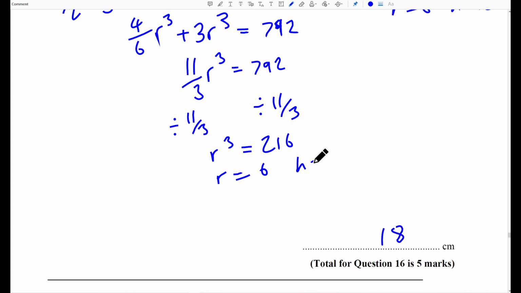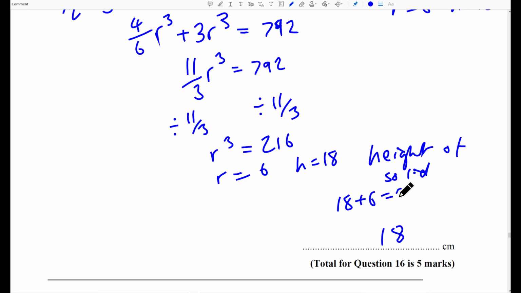So the height of the whole solid is going to be 18 plus 6 equals 24. That's done.